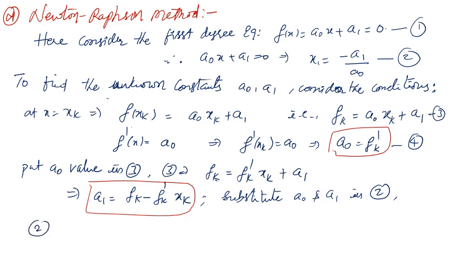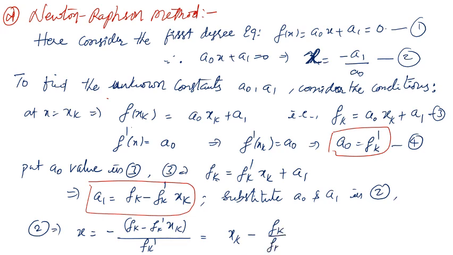Therefore 2 implies x equal to minus a1, what is a1? fk minus fk dash xk by a naught, fk dash. So if I include this minus here, then this becomes xk minus fk by fk dash.